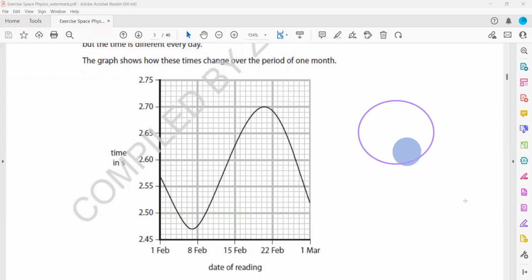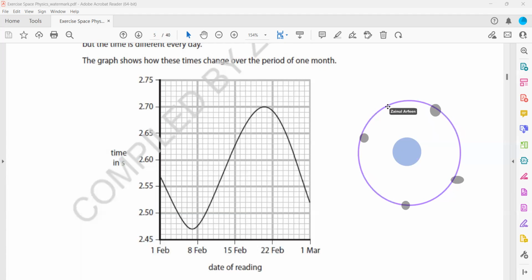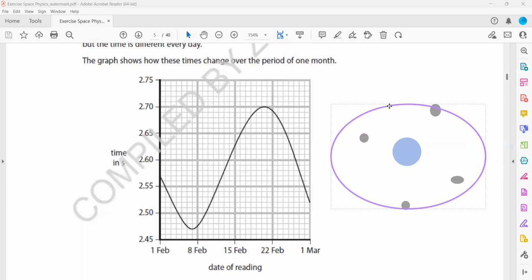Because if the orbit was exactly circular, it should take the same time for the light to reflect every day. So we conclude that the orbit of the moon is not a perfect circle. Actually, it is slightly bent, or we can say elliptical.